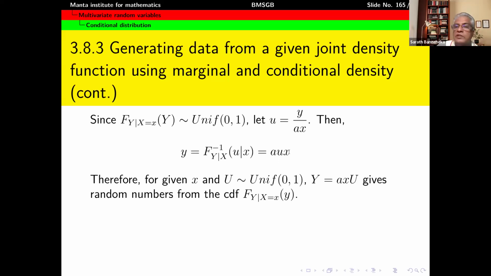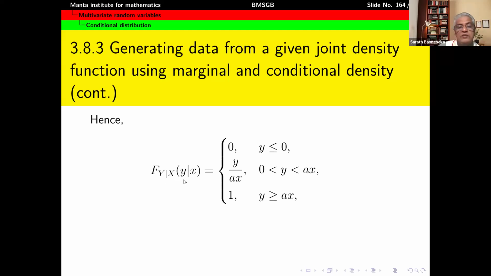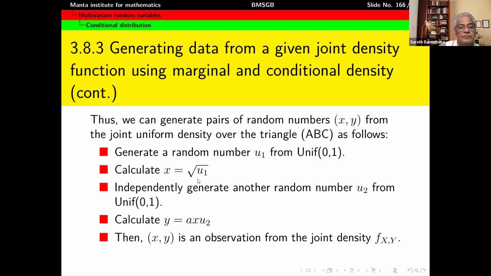So put that x value here, and then a given value like 2, and then get some uniform random numbers, right? And then with a times those random numbers and that particular x that we generated, we will get a set of y values. Those y values can be considered as coming from this particular conditional density function.